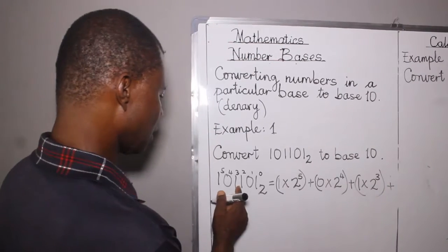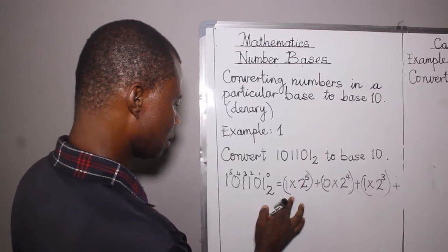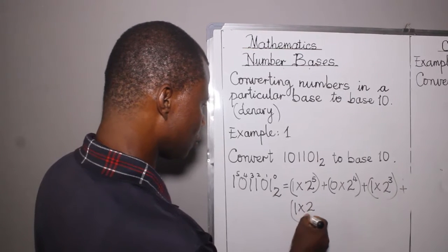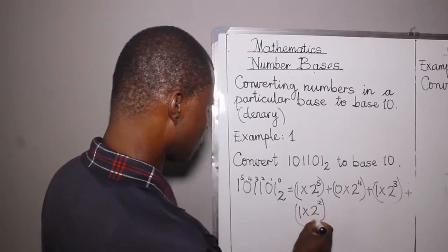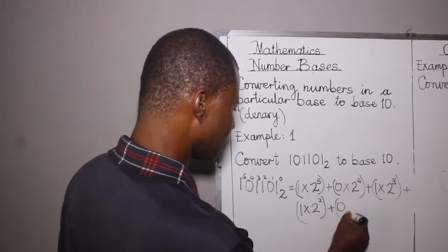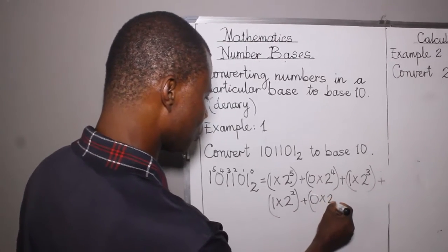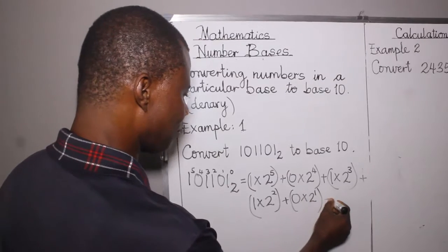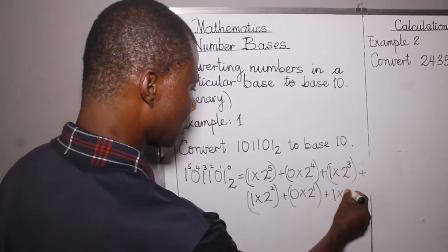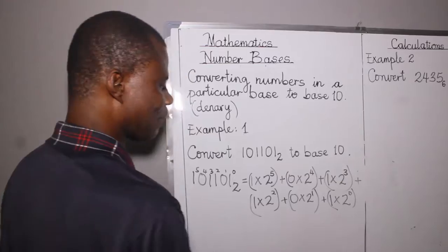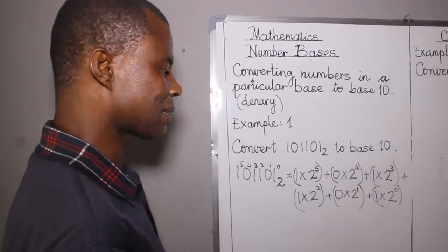Plus the next number, 1 times 2 to the power of 2, which you can see on top of this one. Plus 0 times 2 to the power of 1. Then plus 1 times 2 to the power 0. That's the expansion that we did in the last class.